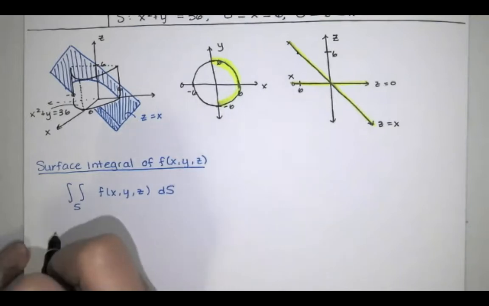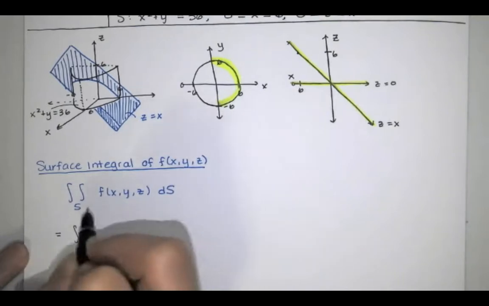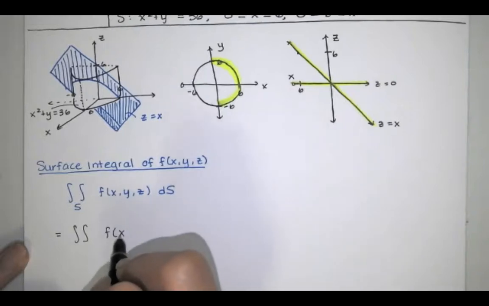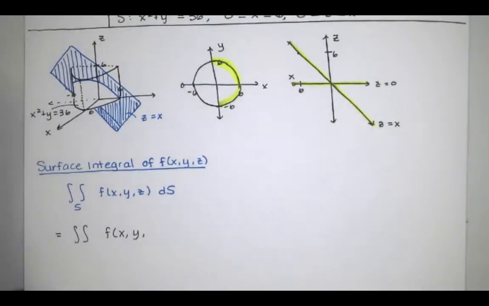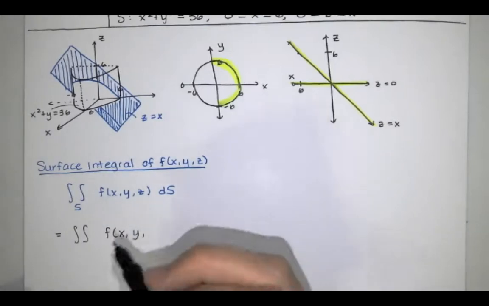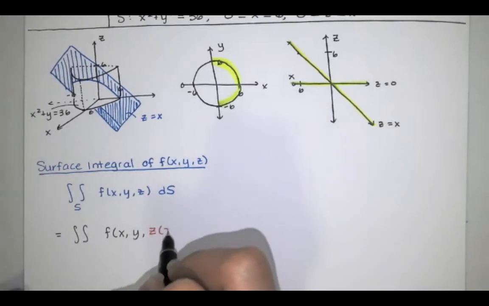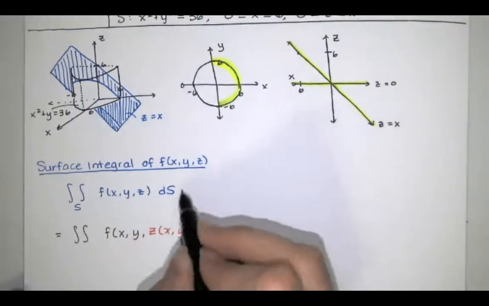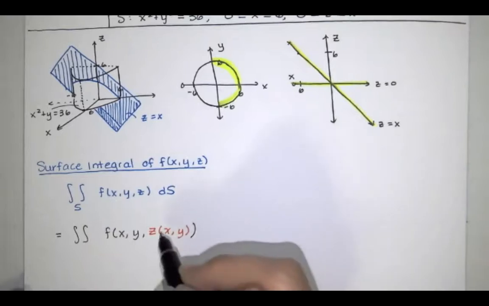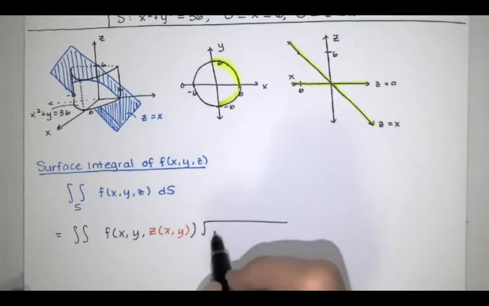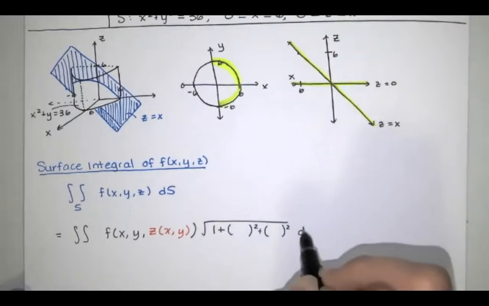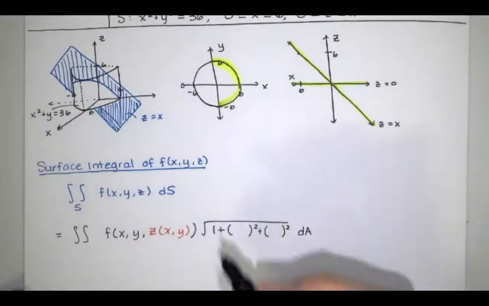So here's the first option. We can write this in terms of x and y only. That's what we typically do. So we write our function not in terms of x, y, and z, but we say, let's write it in terms of x and y, and then replace z with whatever z is in terms of x and y on our surface, and then multiply by the surface area piece. If z is a function of x and y, the surface area is the square root of 1 plus the partial of z with respect to x squared plus the partial of z with respect to y squared.